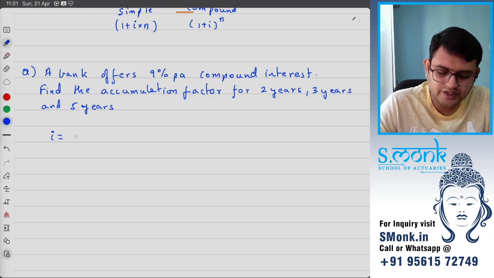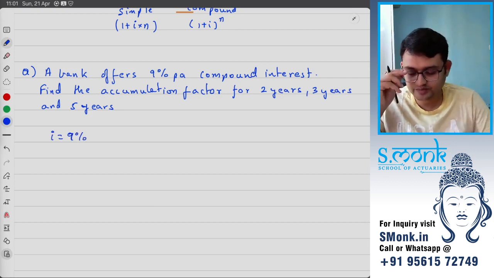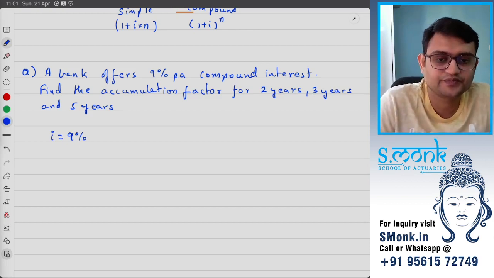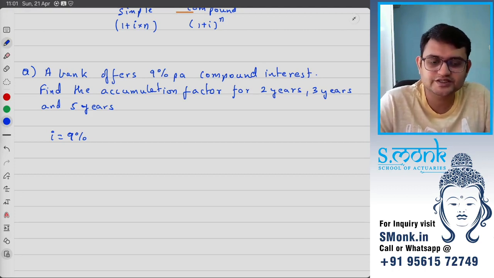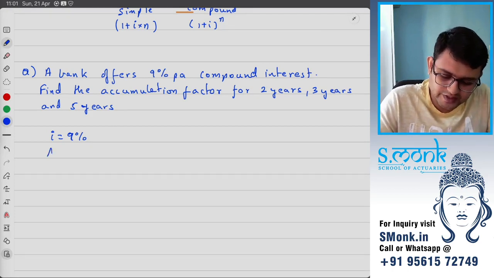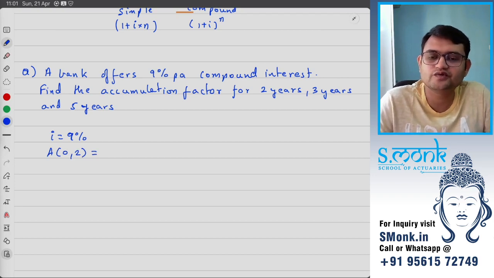So here I am saying that the rate of interest is 9% per annum compound. Okay. So a bank offers 9% per annum compound interest. Find the accumulation factor for 2 years, 3 years and 5 years. We'll say A(0, 2). This will be the accumulation factor for 2 years. We are assuming that we are going from time 0.